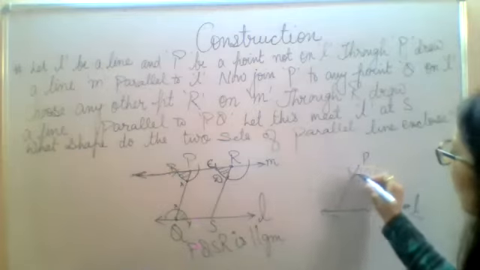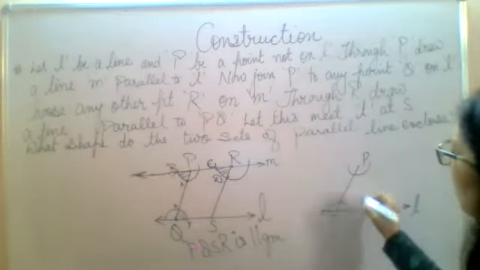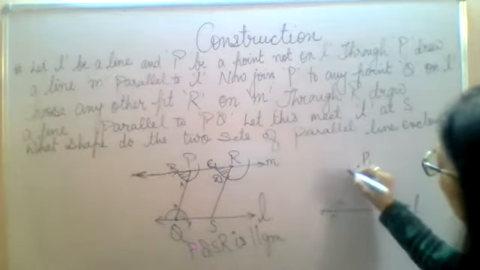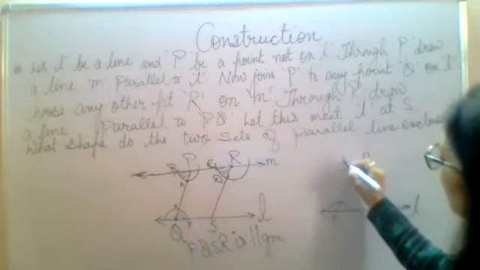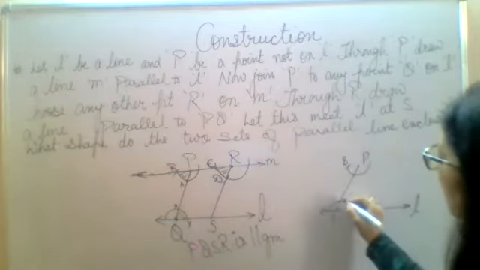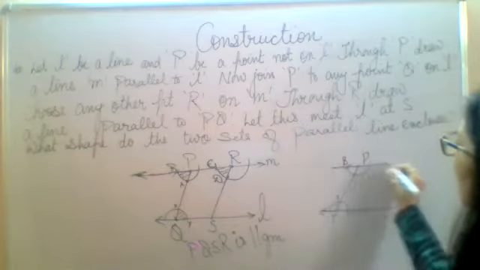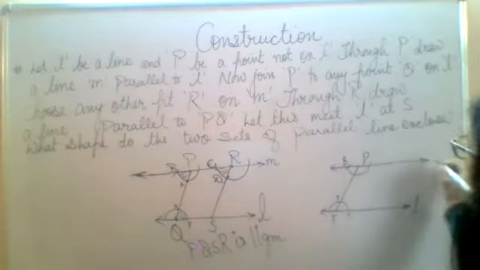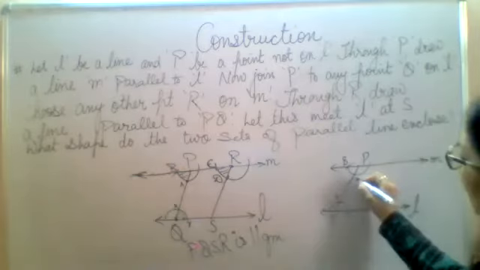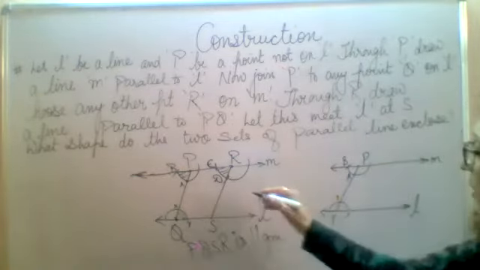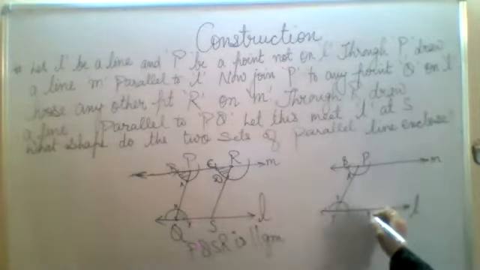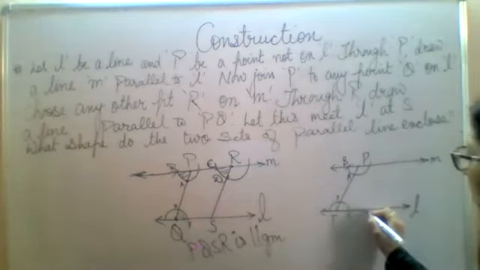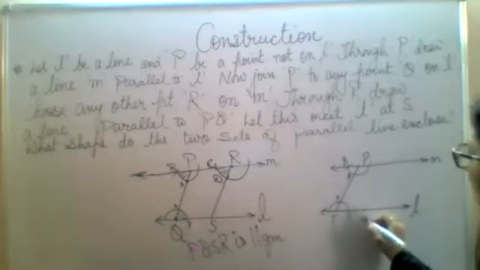Through P, you can draw a line parallel as XY. This is the same as I have done. Now you can take another point Q according to the question.